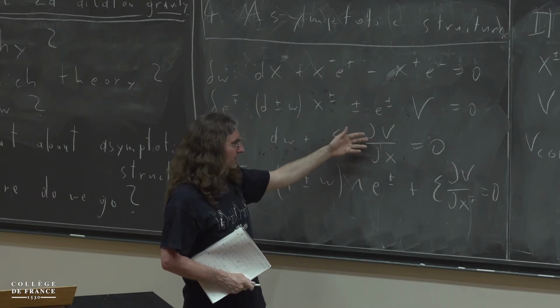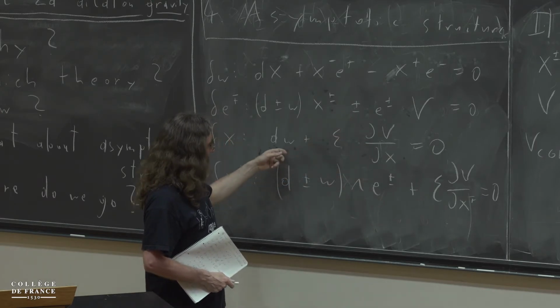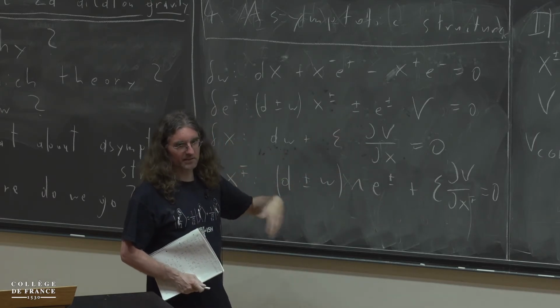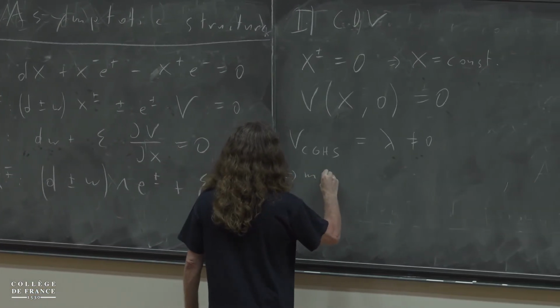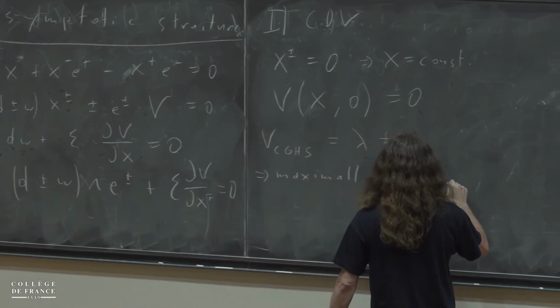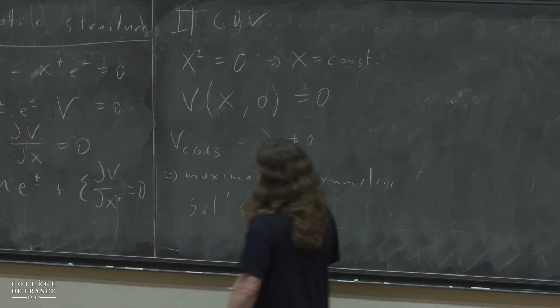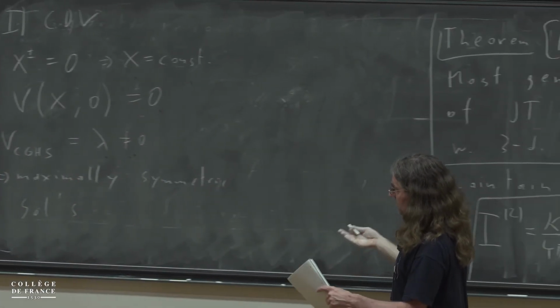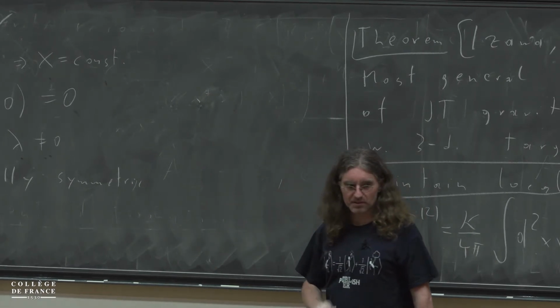Depending on the sign of the constant, this can be either positive, negative, or 0, and depending on that, you get solutions that are locally de Sitter, anti-de Sitter, or flat space. So you get always maximally symmetric solutions. And this sector, first of all, as I said, it's not generic. And second, it's kind of boring, so I'll not focus on it any further.